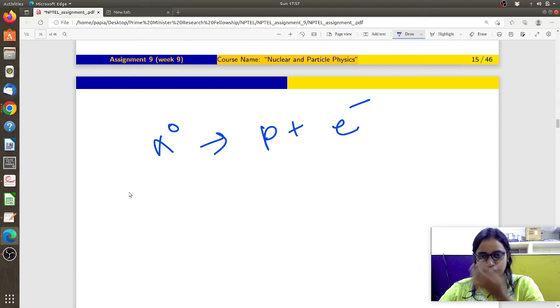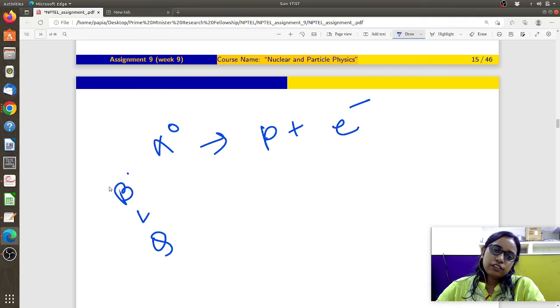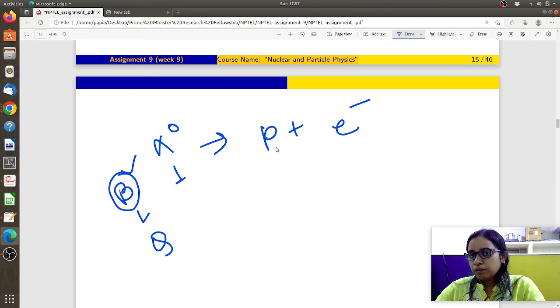So at first we have to see B, L and Q. Can you tell me the value of B here? For lambda 0, B is 1, for P, B is 1, and for e it is 0. So that means delta B is 0. Can you tell me the L value here? Is lambda 0 a lepton or not? Not a lepton, so that means 0.